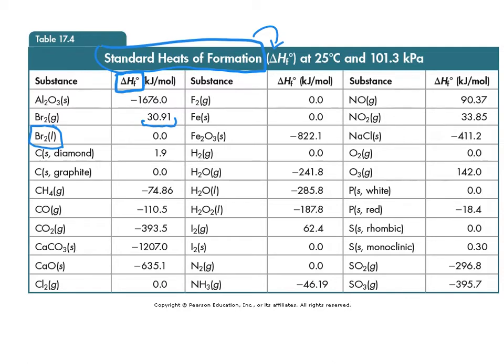So carbon as a solid would be 0. Chlorine is 0 because that's the elemental form. Fluorine is 0. Iron is 0. So anytime you have an element, whether it's diatomic, like this one, or not, like this one, the heat of formation is 0, because we're just assuming, like, when the universe was formed, that's the state that it was in.